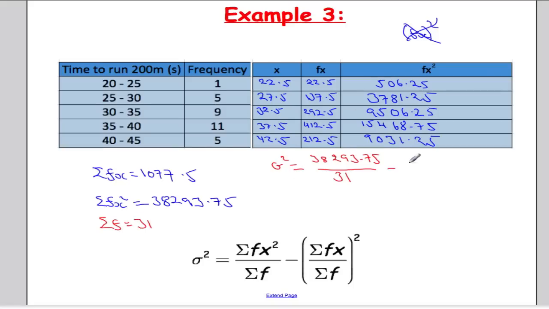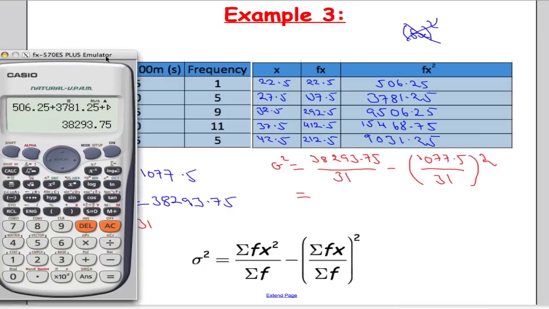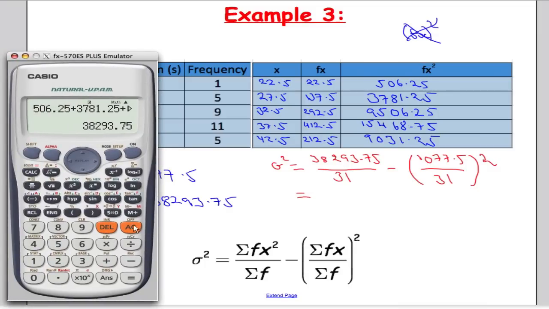And we're going to subtract the square of the mean. So that's the sum of the frequencies times x, which is 1077.5 divided by the sum of the frequencies, which is 31, and we need to square that. So we're just plugging numbers into a formula here. Again, take out the calculator, put it in exactly as you see it.